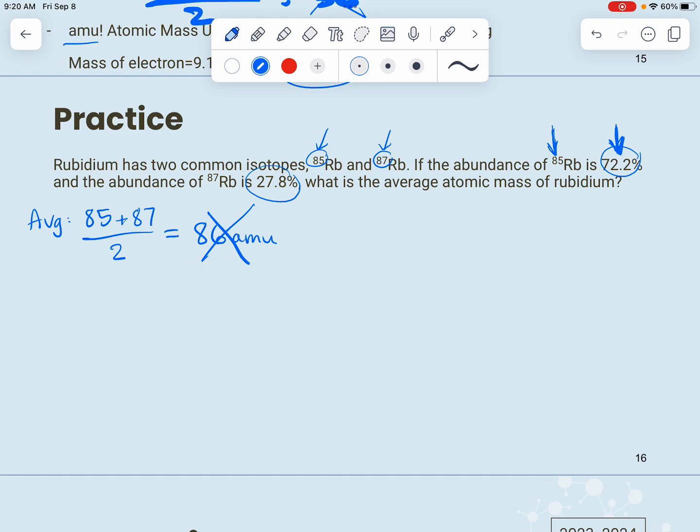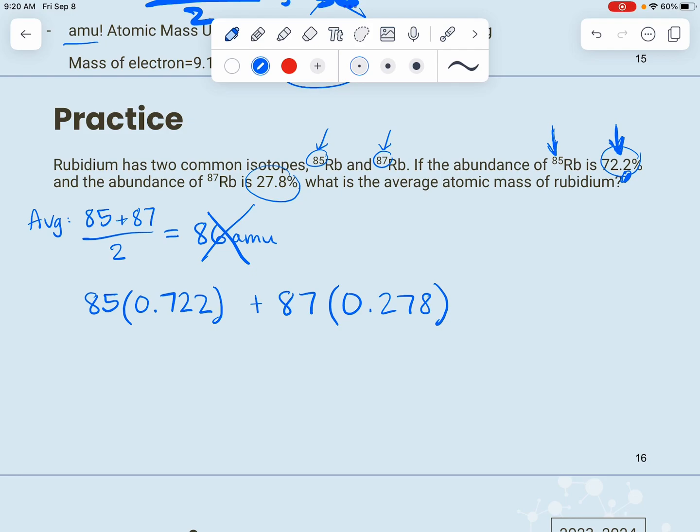All right, so how do we do that? You're going to take the percent abundance of each one and multiply it by the mass of that one. So simple as 85 times 0.722 for the 72% over here, plus 87 times 0.278, all right?